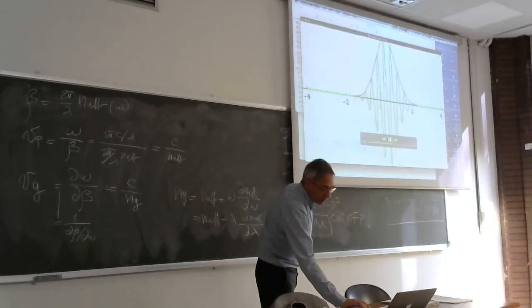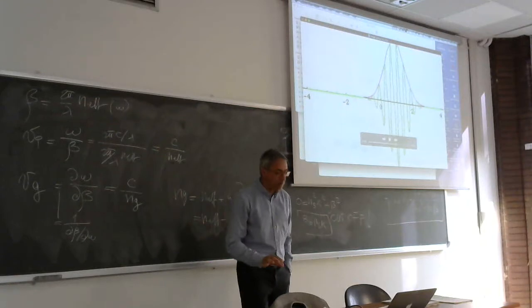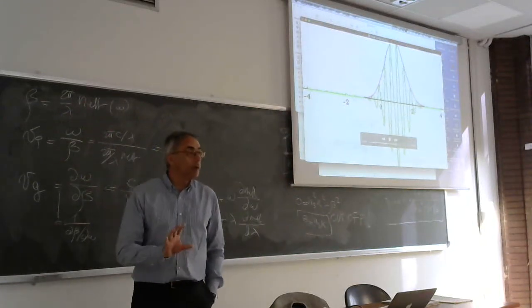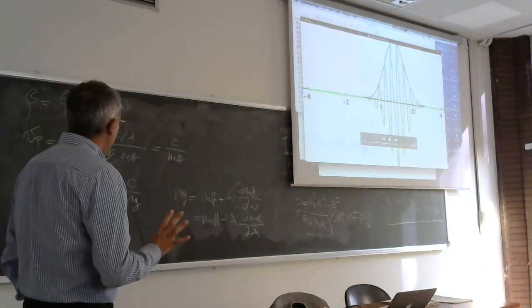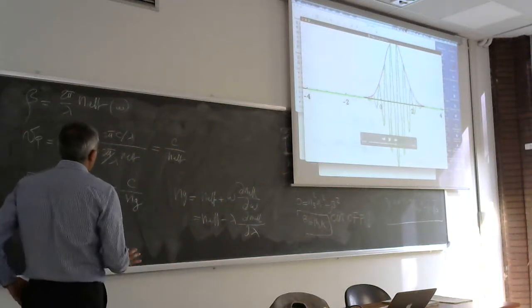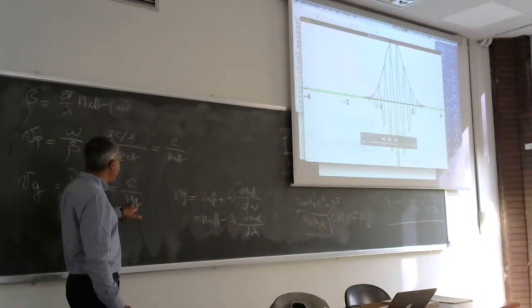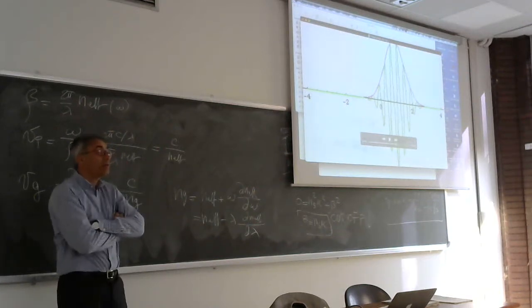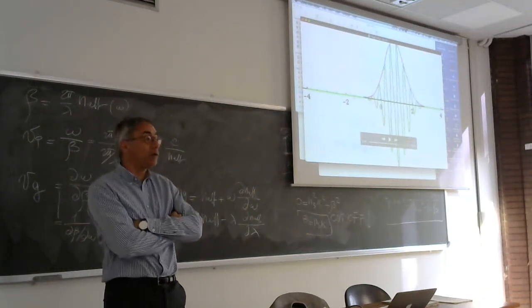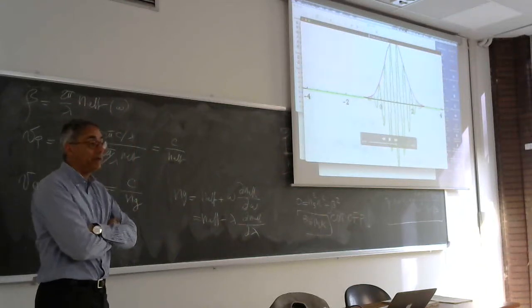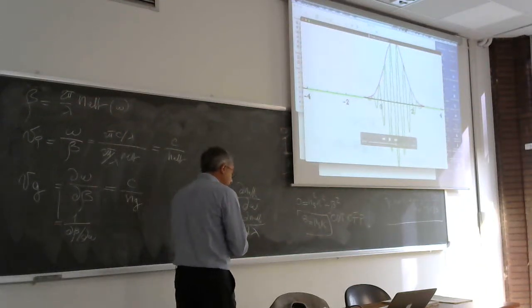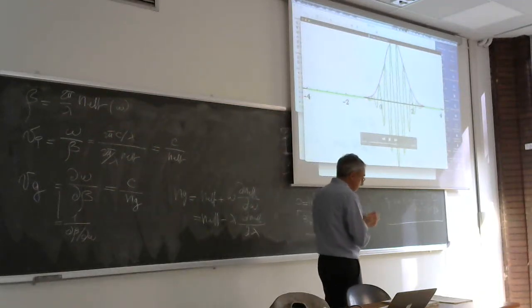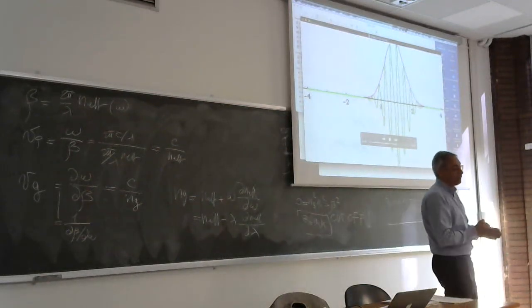I stop this one before you get seasickness. This is true as long as you don't have a very strong variation of amplitude or of the refractive index in the bandwidth of the pulse. Otherwise, the group index loses the meaning of speed of energy.